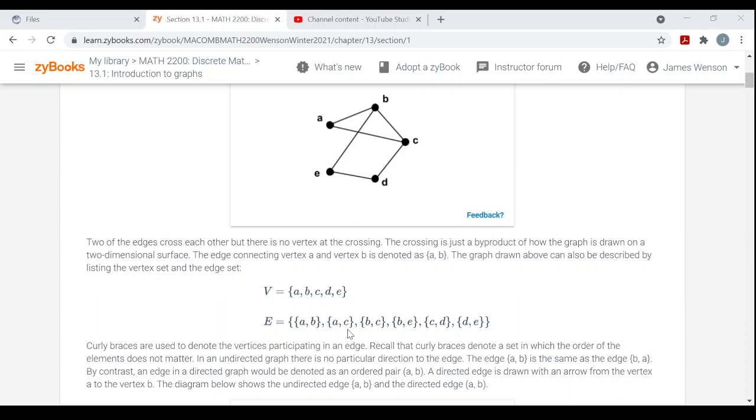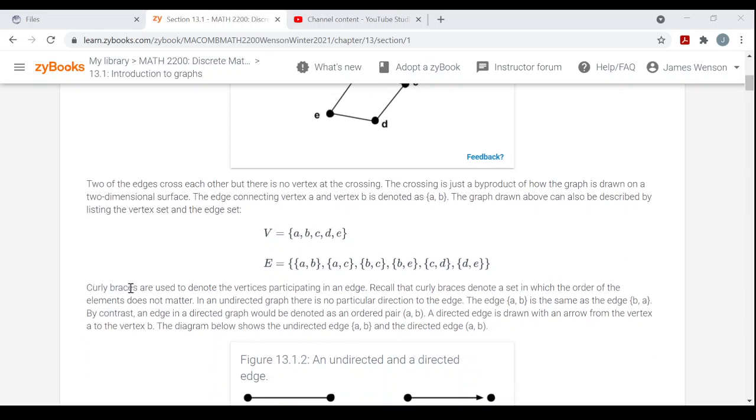So again, they're using the braces here because order doesn't matter. So B to C, there's a segment. B and E, there's a segment. C and D, there's a segment, and D and E, there's a segment, right? So there are 6 edges and 5 vertices.